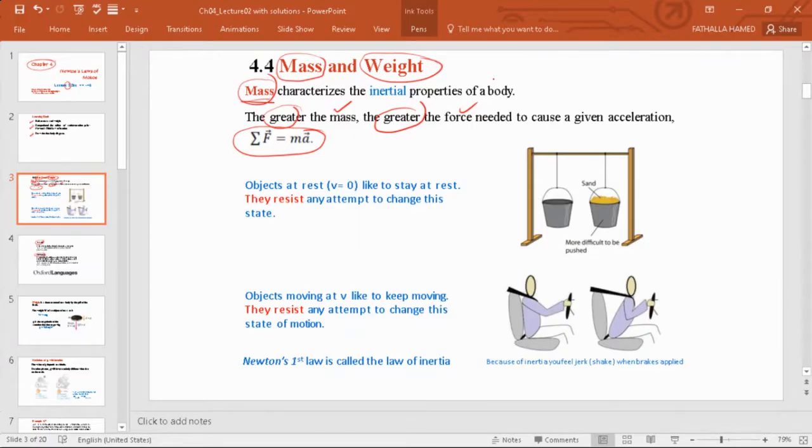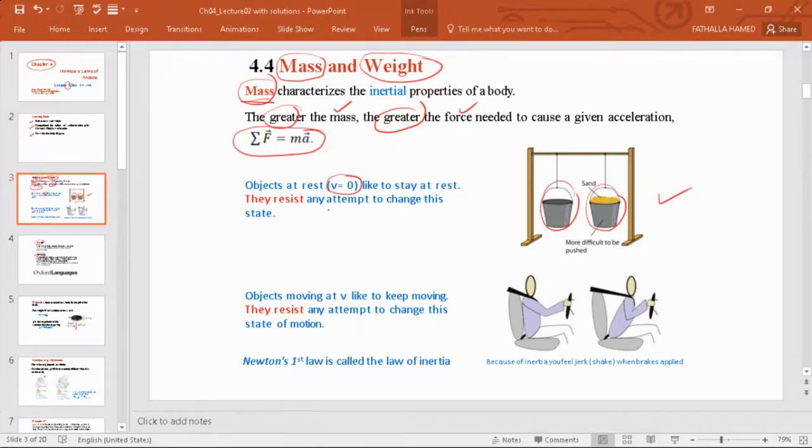So now, if I look at the figure that we have here, we have an empty bucket, and then we have here a bucket full of sand. And we say that both of these objects are at rest. That means v is equal to 0. In accordance with inertia, they'd like to stay at rest.